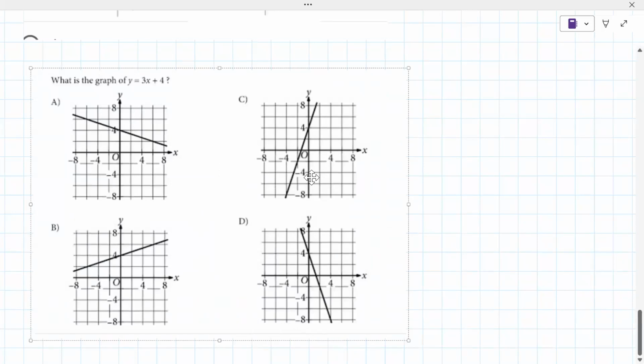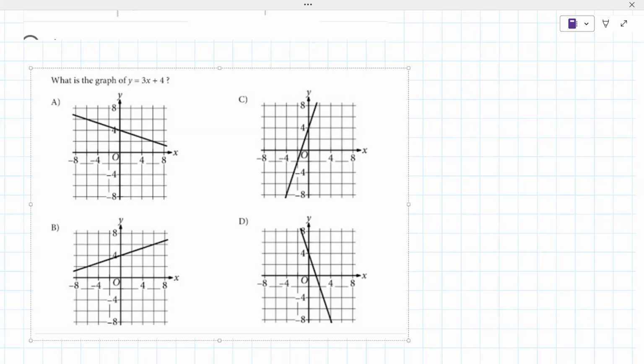Go ahead and try that and let me know what you come up with. Okay, so it's B. And how confident are you in your answer?